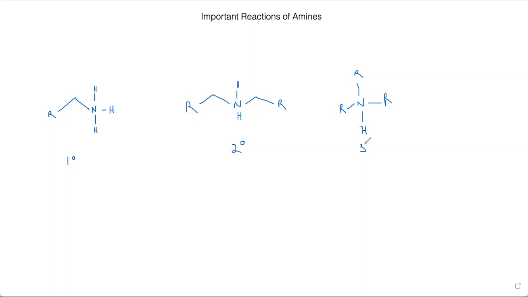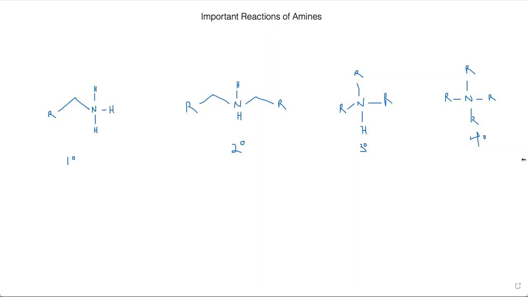And then we could have a quaternary amine, but these are not nearly as common as the other types of amines. That would just mean that we had a nitrogen atom bonded to 4 different carbon atoms, and that would be a 4th degree or quaternary amine.